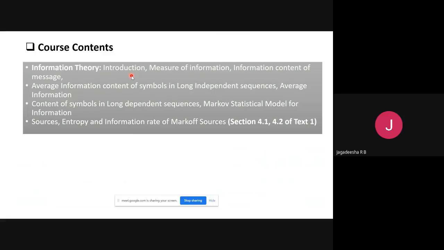And when we transmit it, it should be measurable, because we want to represent this information with a certain unit. We will see those things in this first module. That is the motivation to study the first module.